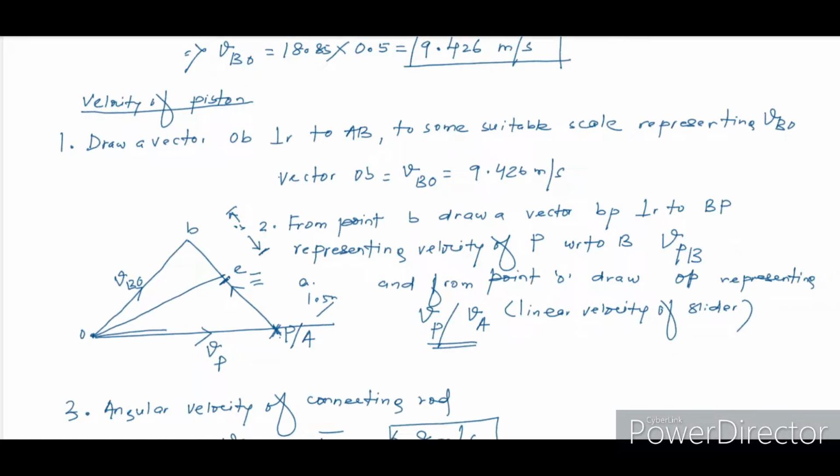Okay, so let me draw one. Suppose we have a slider crank here, with the crank having angular velocity omega.